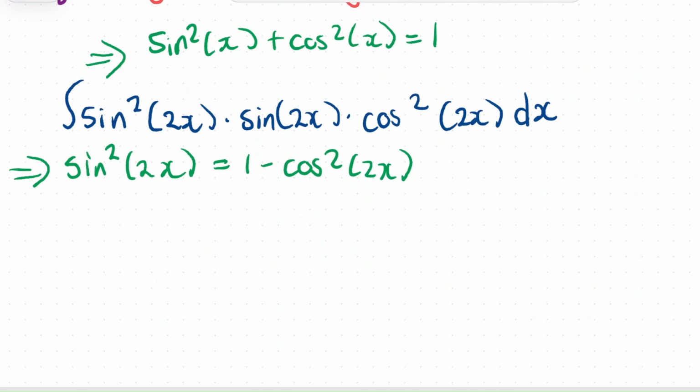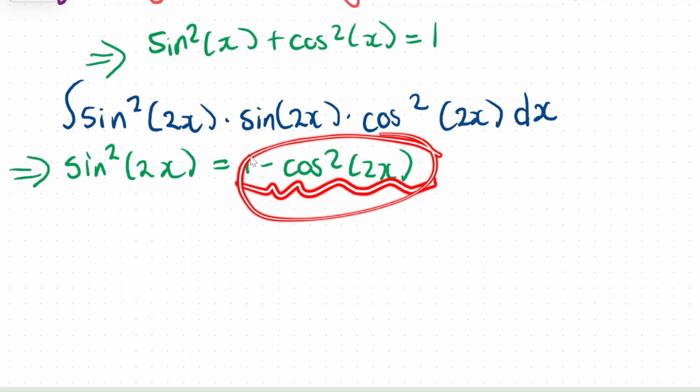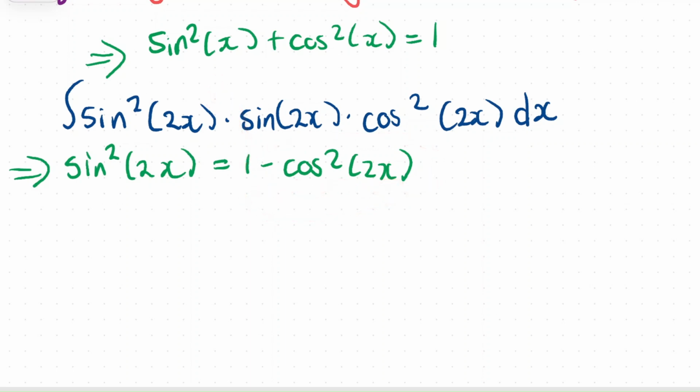So now that we know that we can write sine squared of 2x as 1 minus cos squared of 2x, we can substitute the new sine squared of 2x, which would be 1 minus cos squared of 2x, over there.